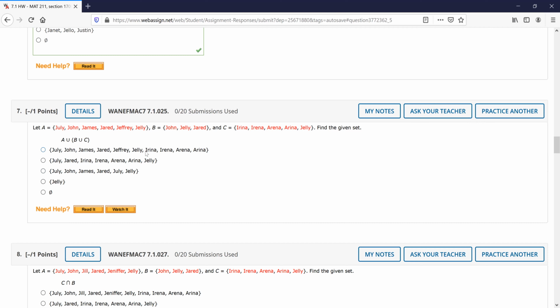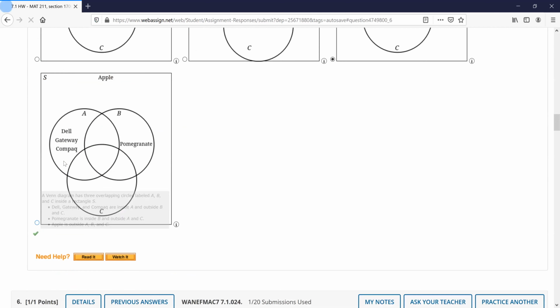I don't see that. Oh, there it is. Okay. And then the A means it's also these. So any ones that were missed in this list over here, B or C, is picked up here. So it's basically all the names: July, John, James, Jared, Jeffrey, Jelly, Irina, Arena. Well, yeah, that would be really tough to do.